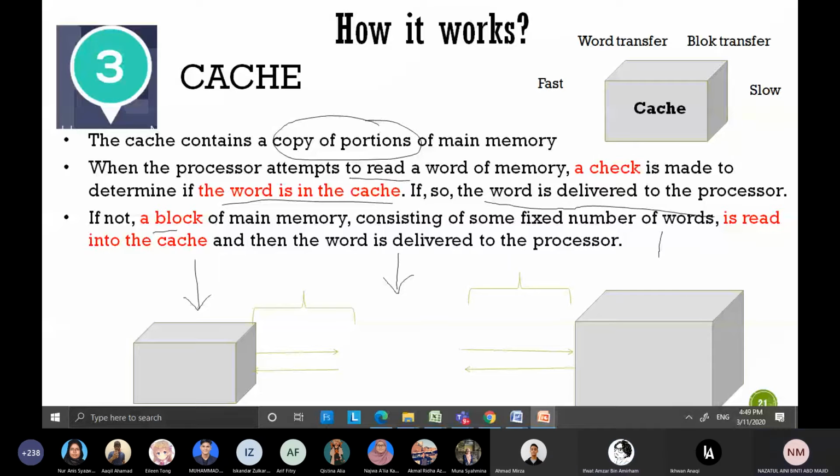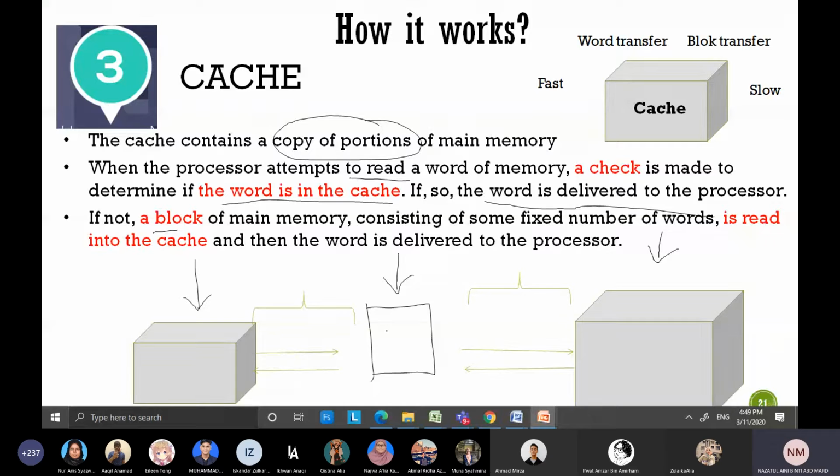RAM. Main memory? Oh, no, wrong. Hard drive. Okay. Anyone want to write, or what do you want me to write?